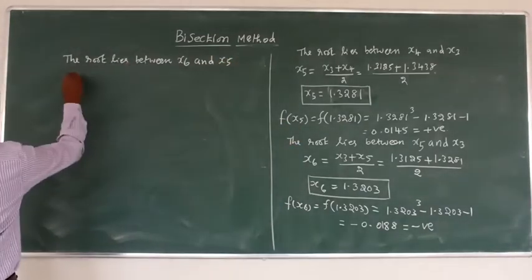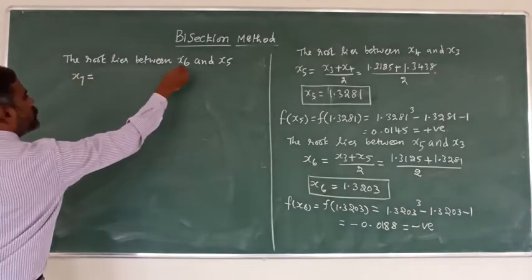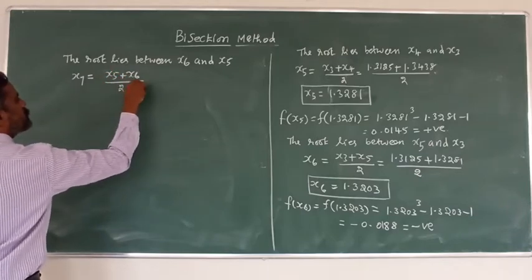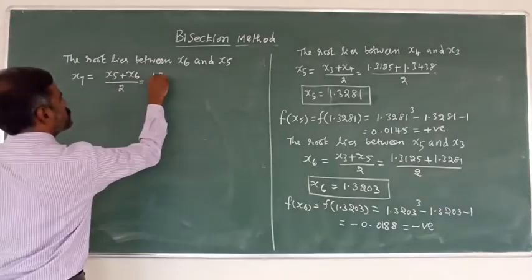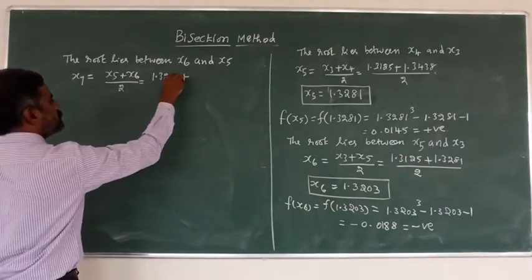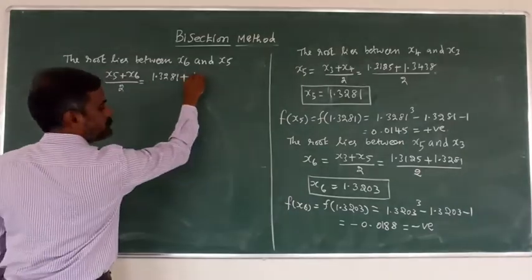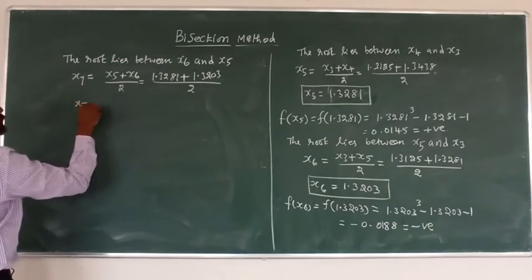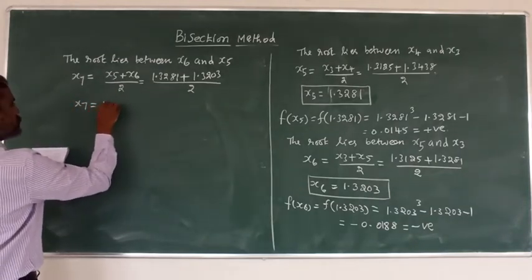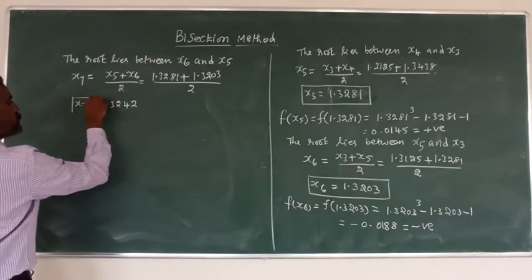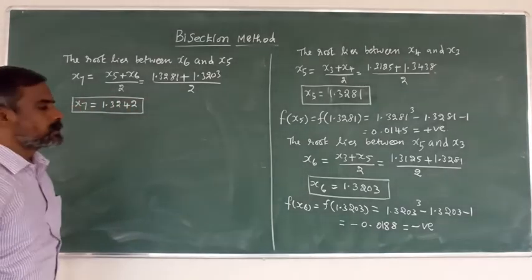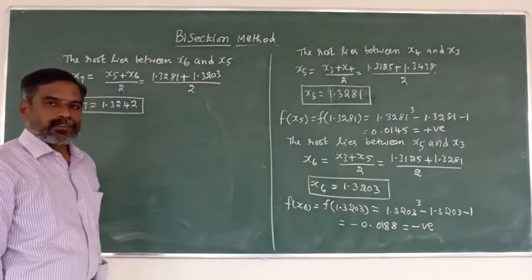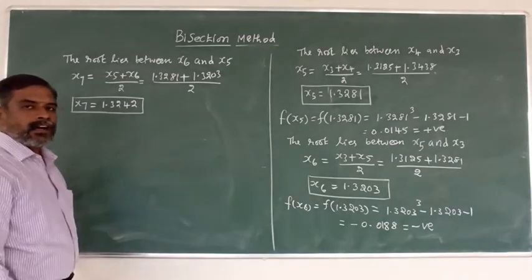Now next iteration, x7 equal to the average of x5 and x6. x5 is 1.3281 plus x6 is 1.3203, divided by 2. Now x7 equal to 1.3242. Now x7 value compare with x6. Both results are not same. So we have to do another iteration.